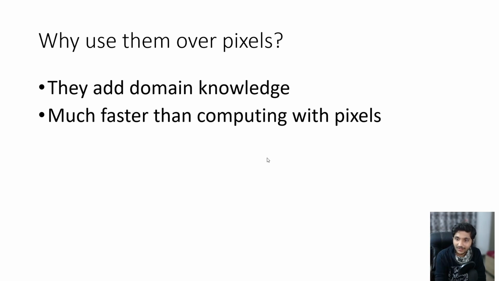And if you start computing pixel by pixel, it's going to be computationally expensive, right? So you cannot operate on all those pixels one by one, right? So it's always better to have some features over which you can compute and find out whether there's a face or not. So it decreases the computation time, and that's going to be really useful.